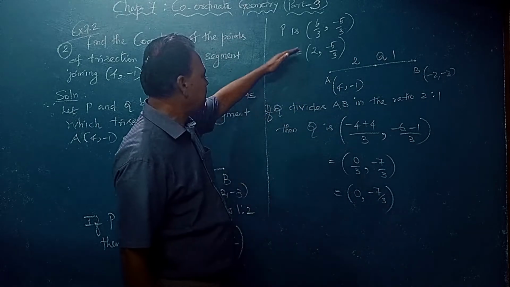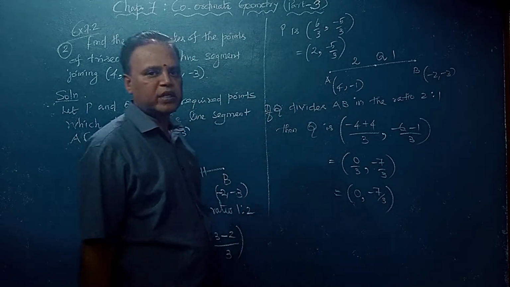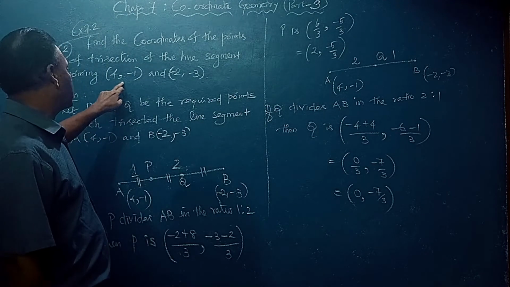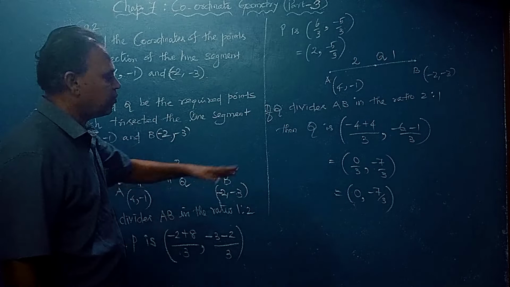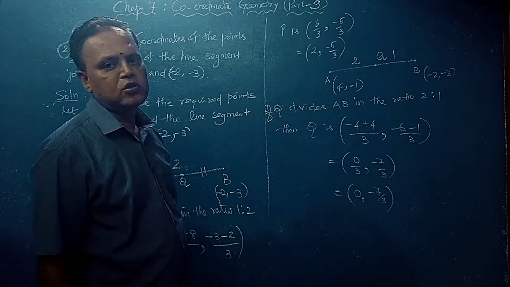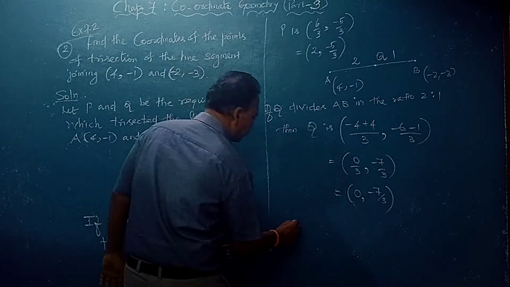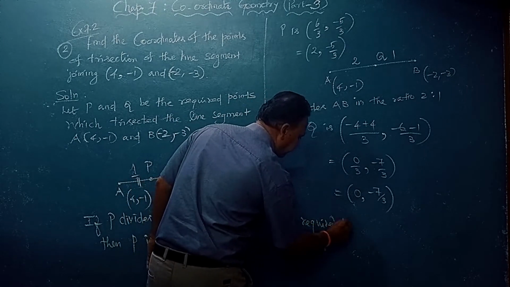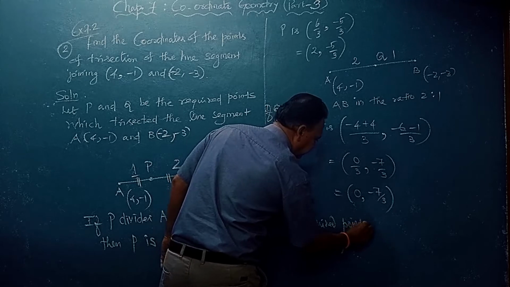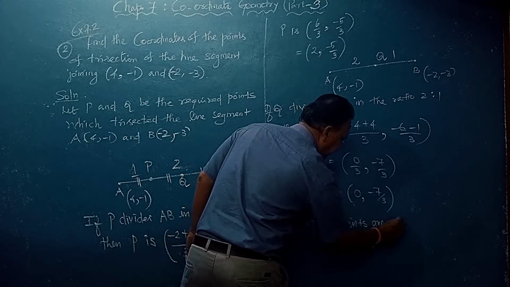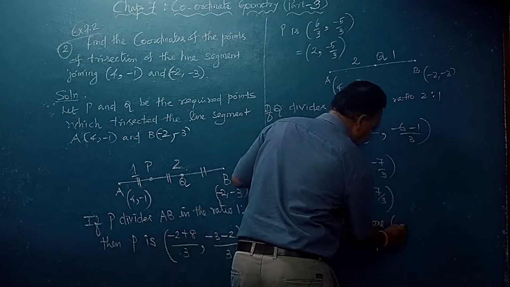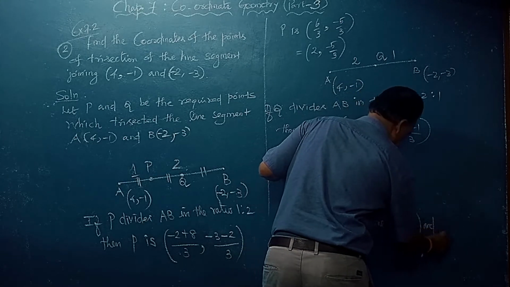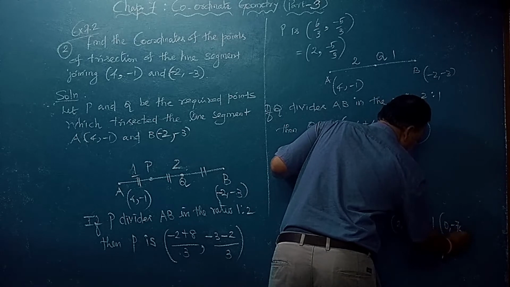So these two, P and Q, are the required points which trisect the line segment joining the points 4, comma, minus 1 and minus 2, comma, minus 3. Understand? Easily we can find out. Therefore required points are 2, comma, minus 5 by 3 and 0, comma, minus 7 by 3.